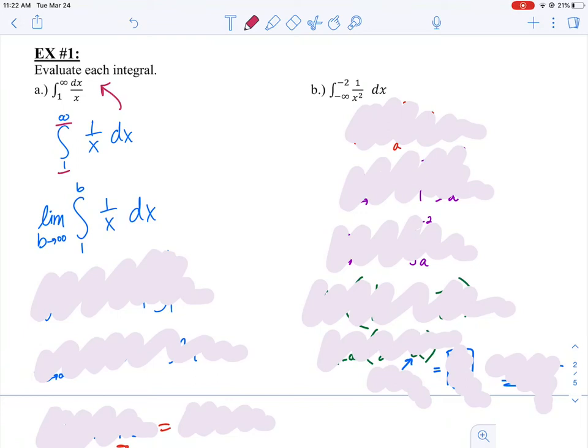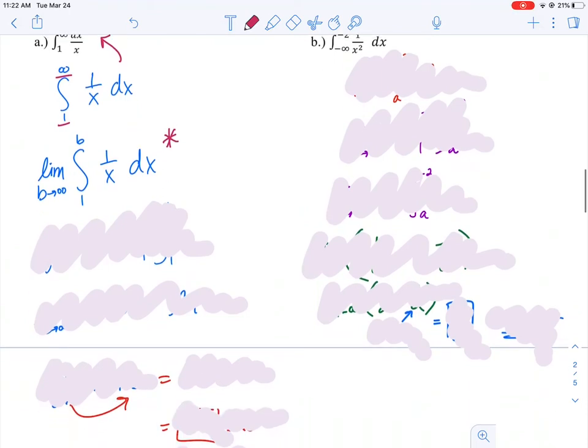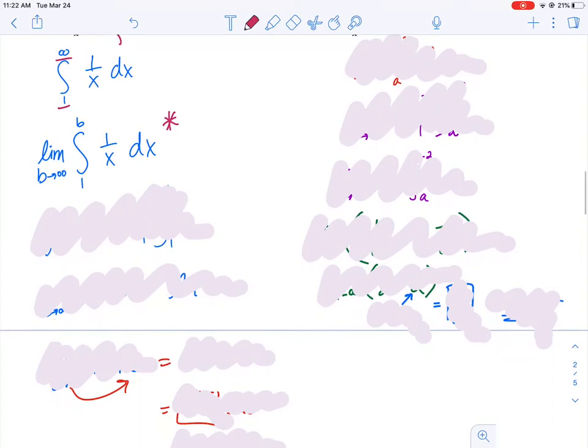So we need to rewrite this problem as a definite integral from a to b, in this case 1 to b, and then eventually we can make that b go to infinity. This is the more proper way of writing these improper integrals so that we can evaluate them. Now we can use our rules for integration and find the antiderivative of 1 over x.